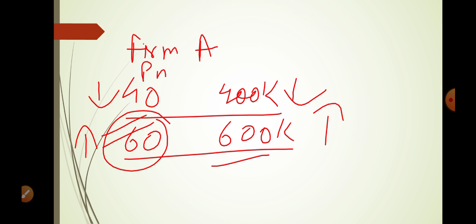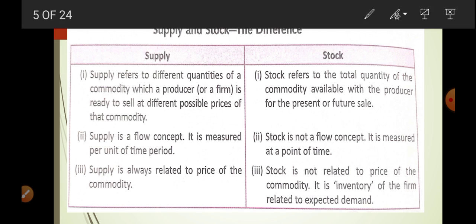Okay, now there is the term supply and stock. We are going to discuss the difference. Sometimes common people use these two words in place of each other, but in reality we can't interchange these two words. Why? Because these two words are totally different from each other.